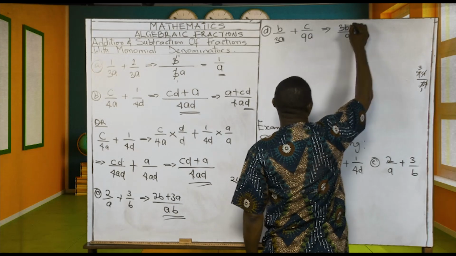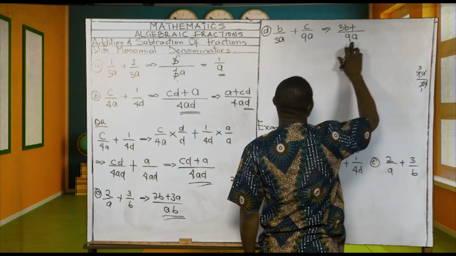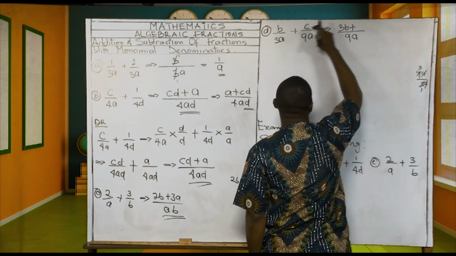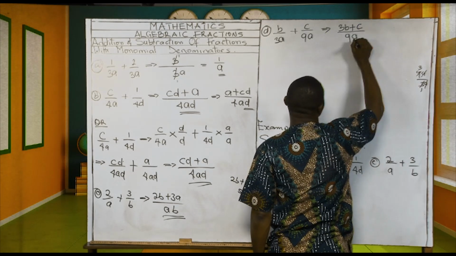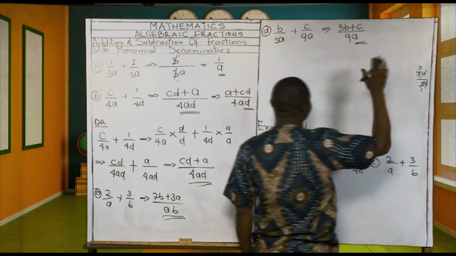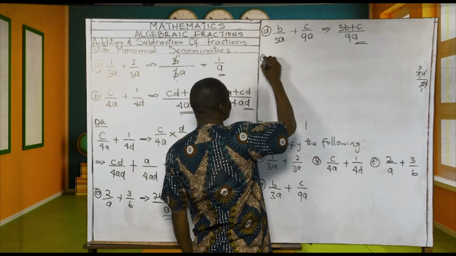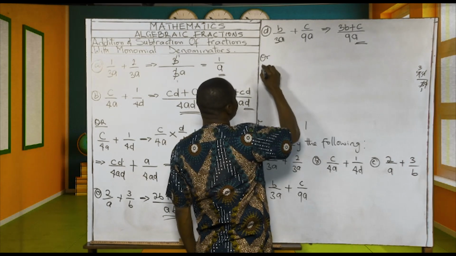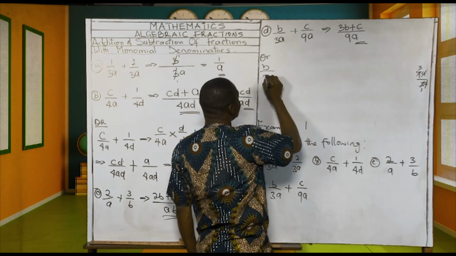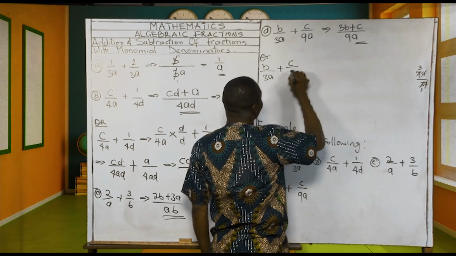We have our plus sign operation. 9A in 9A, that is 1. 1 multiplied by C will give us C. So our answer is 3B plus C over 9A. All right? Or you say B over 3A plus C over 9A.